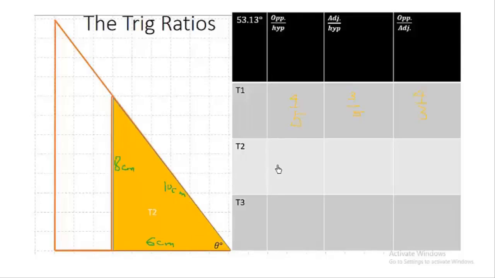Then now let's take the ratio opposite over hypotenuse, which will give us 8 over 10, and this will simplify to 4 over 5. Now adjacent over hypotenuse will be 6 over 10, and this will simplify to 3 over 5.